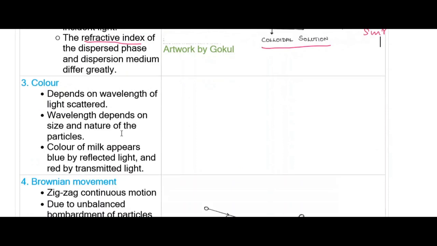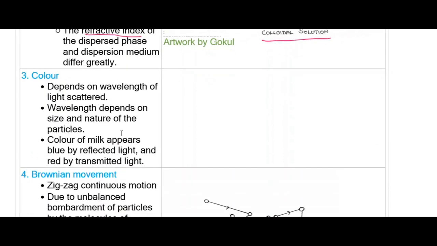Right. Now let me move to the color. As far as color is concerned, the color exhibited by a particular colloidal solution depends on the wavelength of the light scattered. The wavelength depends on the size and nature of the particle. That's very important. In fact, the color of milk appears blue by reflected light. So the view in which we watch the color also matters.